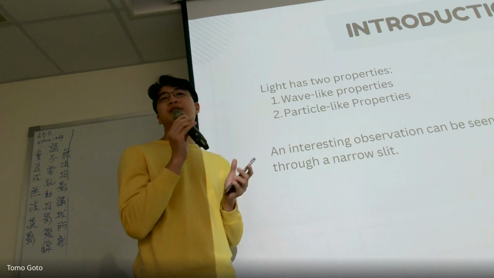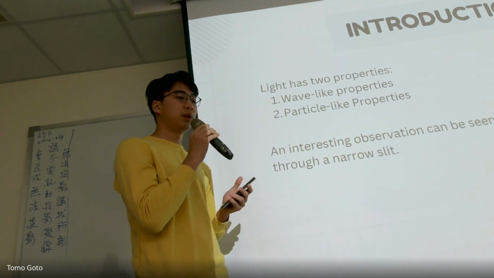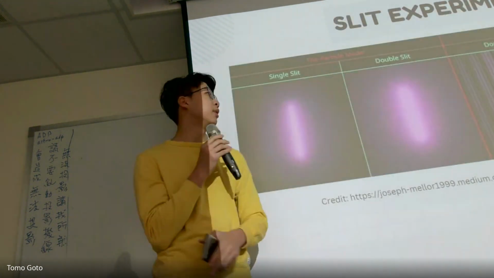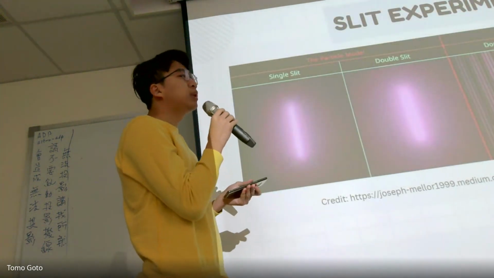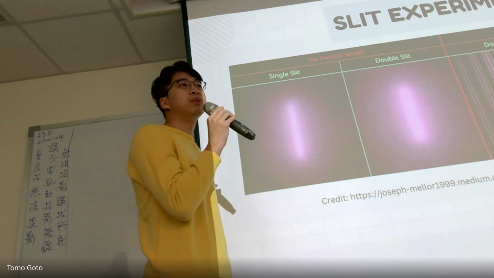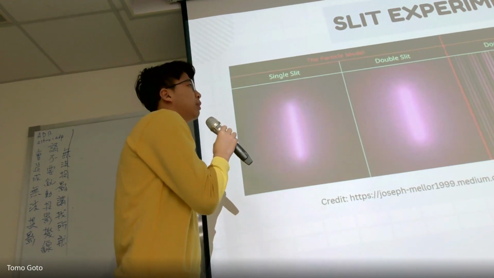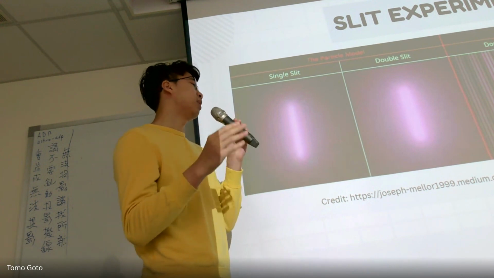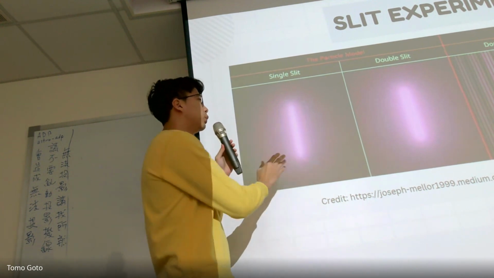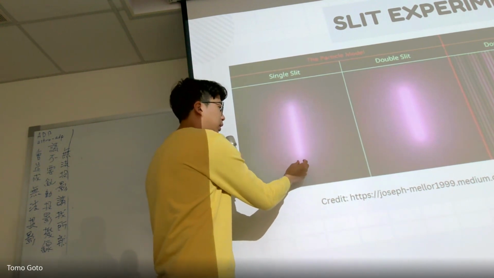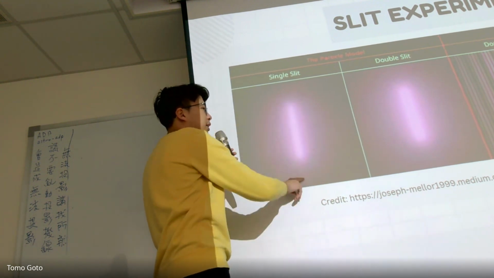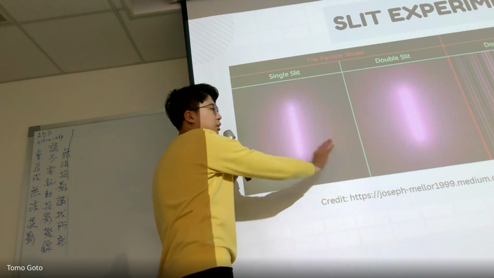There's an interesting observation that we can make when we shine a light through a narrow slit. We know that light possesses both of these properties, because if light only behaved like a particle, then going through a single narrow slit, it would only light up a bright spot in the center and not much on the sides.